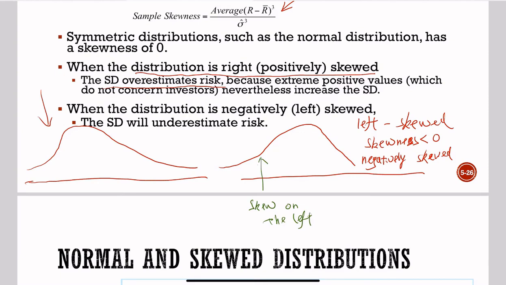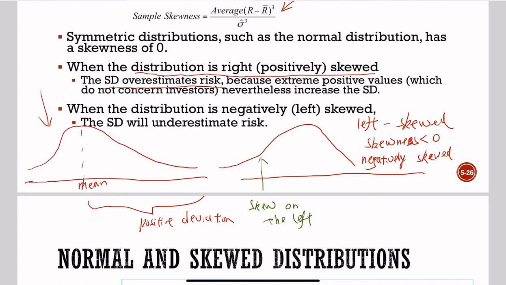So what is a positive deviation? Let's say that this is the mean here. This is a positive deviation. A larger positive deviation basically means you're having a higher return. So you should be happy for it. It is not a risk.